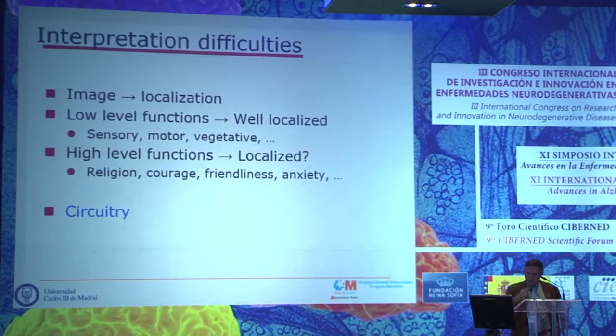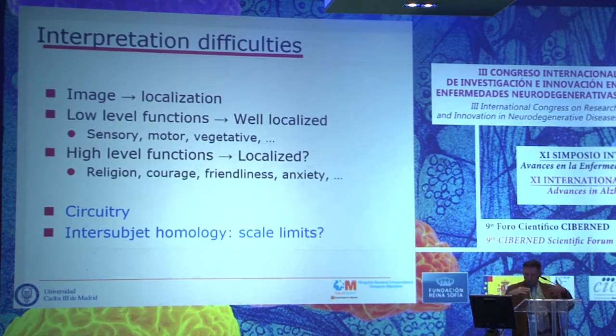But, okay, this is one step ahead. As we are going to see, I think that it is still very mechanistic. And anyway, even though you accept that there are circuits in charge of doing certain things, it's not so clear to what extent those circuits are exactly in the same place for everybody. So this intersubject homology is unclear, and we don't know even to which scale those things may coincide.